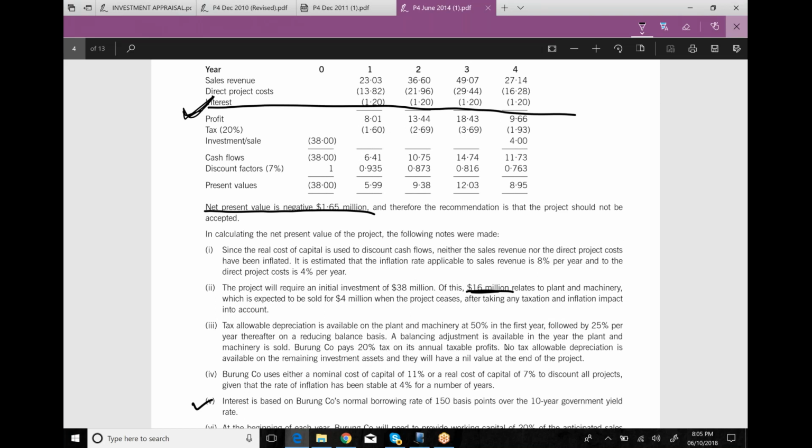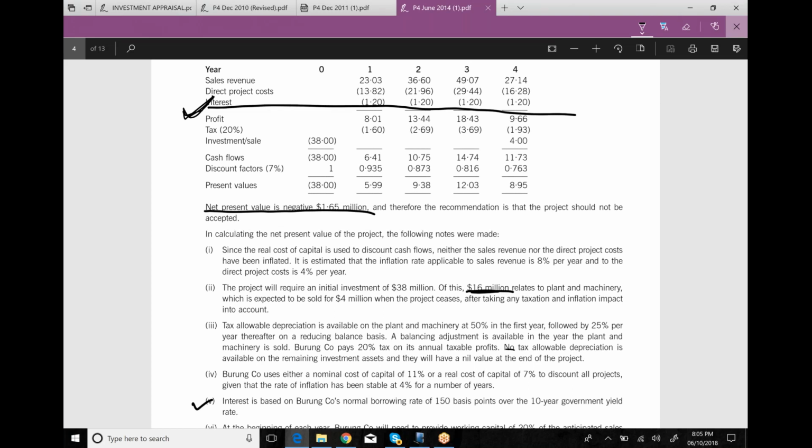No tax allowable depreciation on the remaining asset. We also know that depreciation is only available on plant and machinery, and plant and machinery is costing 16 million, so you will apply the depreciation percentage on 16 million.